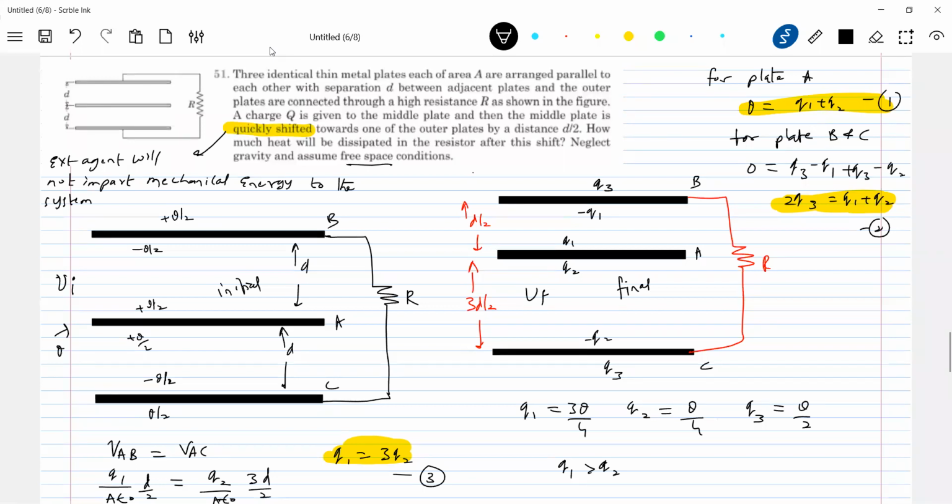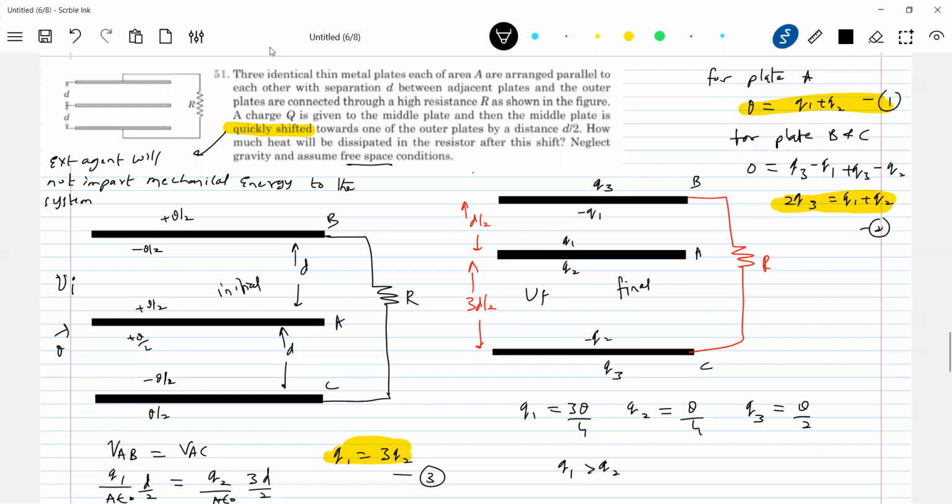Sir, if the plate is moved quickly, then there is a large change in momentum of the plate, so we are applying more work. No, nothing like that. Sir, what I think is that by quickly shifting, he meant that when I shift the plate quickly, the charges on the plate won't shift instantaneously.